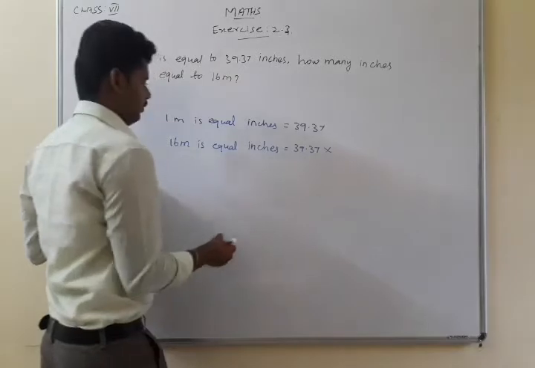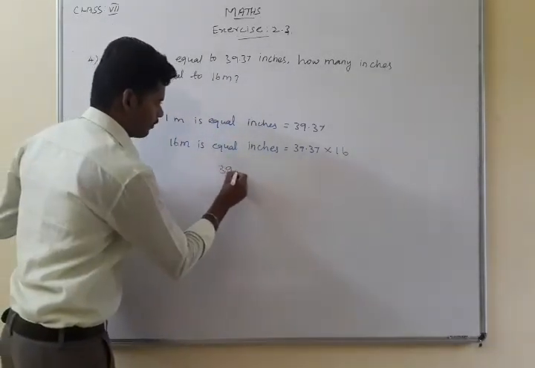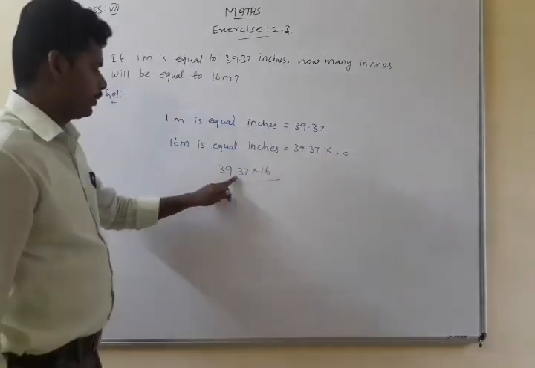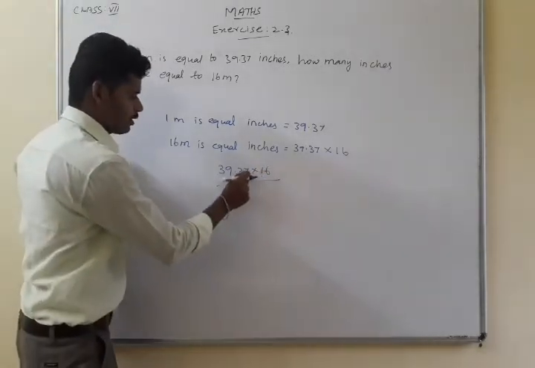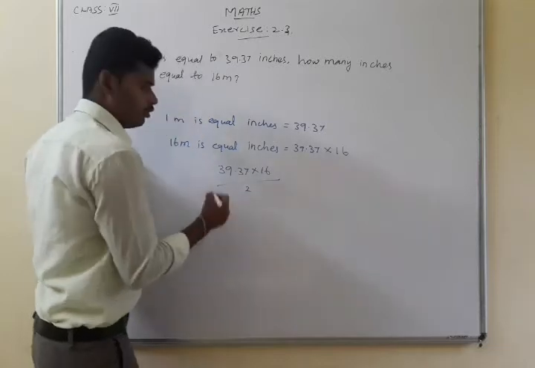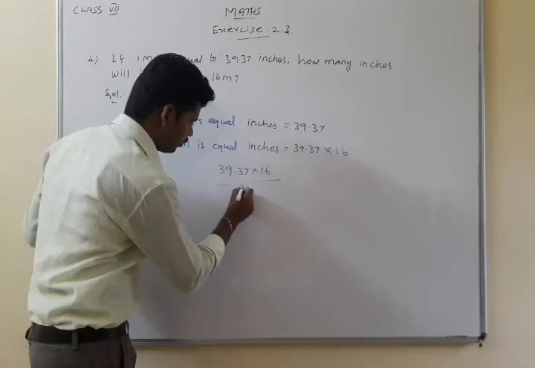39.37 multiply 16. 39.37 into 16. 6 7s are 42. Remainder 4. 6 3s are 18. 18 plus 4, 22.